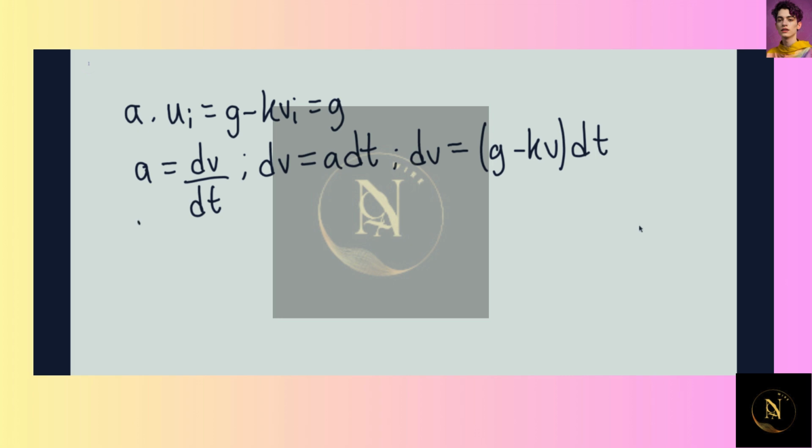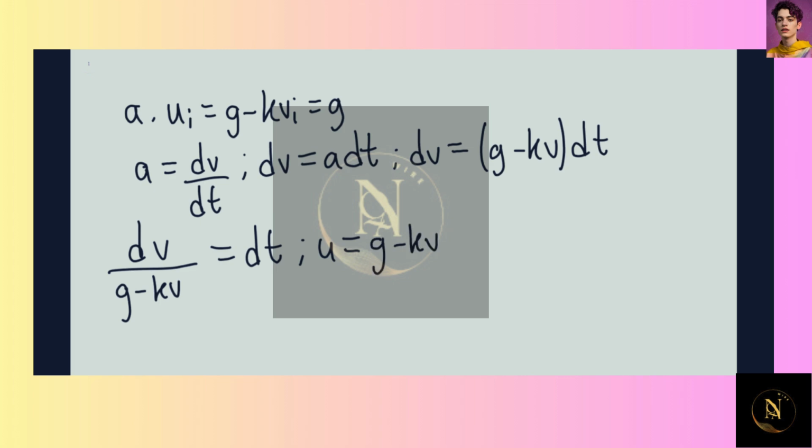And so we can say that dv over g minus kv will equal dt, and then we can make the substitution where u equals g minus kv. And so we have that dv equals negative du divided by k.